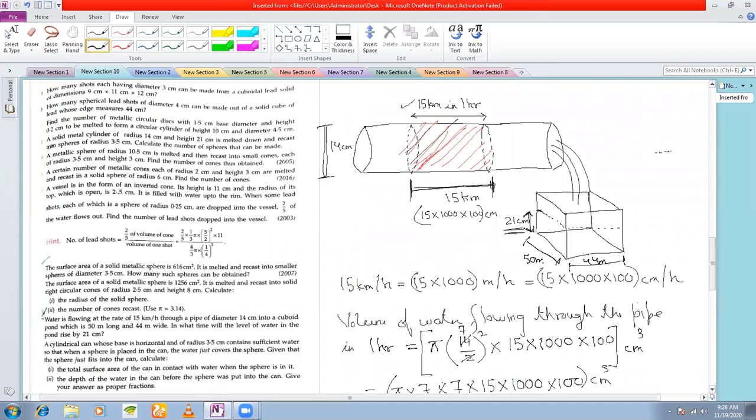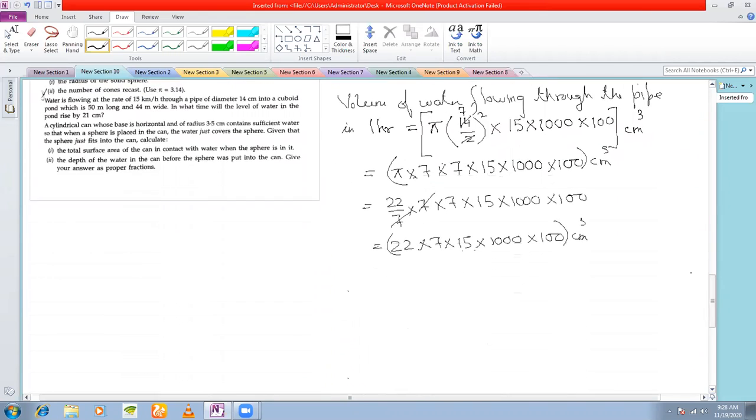So if the height of water is 21 centimeters, what is the volume of water in the pond? Volume of water in the pond is equal to length into breadth into height. Length and breadth are both given in meters. Length is 50 meters, so you convert to centimeters.